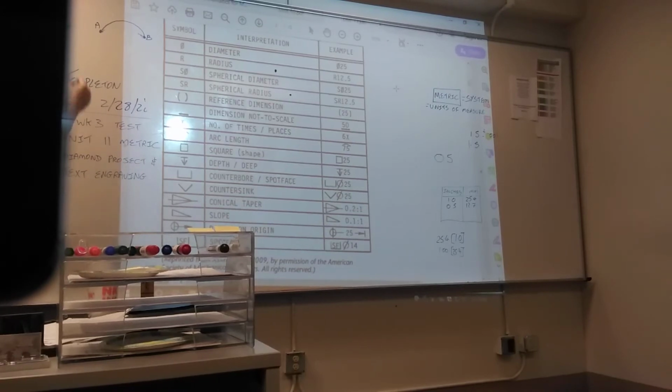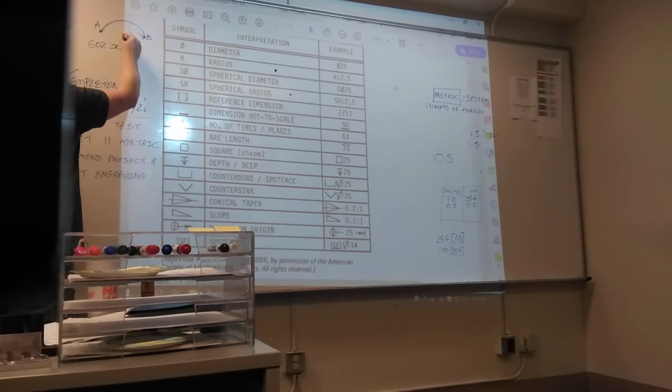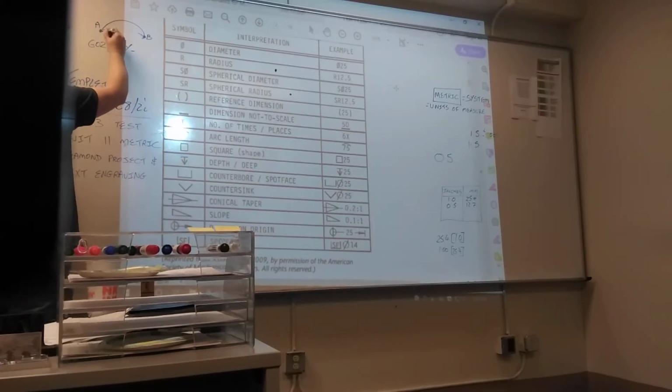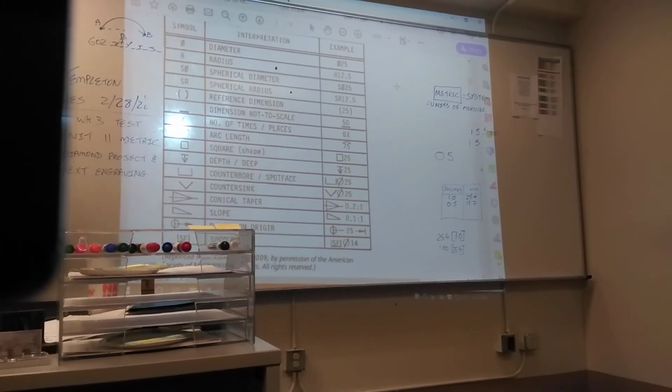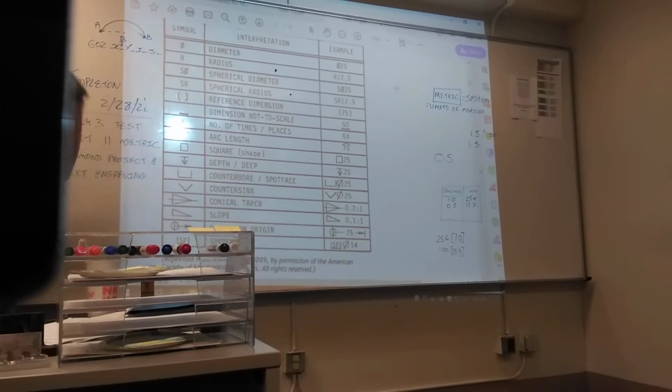G2, because it's going clockwise. G2, I mean. You put in the X, Y of where B is located, and then tell the machine where the center of the arc is, using I and J. You don't care how long the arc is, the machine is going to machine it. So that is why it's not common that it's given to you. You don't need it to write your program. All you need to know is where it ends. The machine will figure out how far it needs to move.